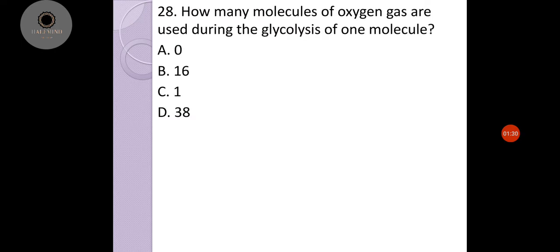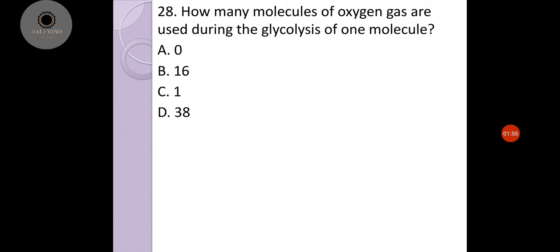28. How many molecules of oxygen gas are used during the glycolysis of one molecule? Is it A, 0, B, 16, C, 1, D, 38? Now remember again that the final electron acceptor in cellular respiration is oxygen to form water.